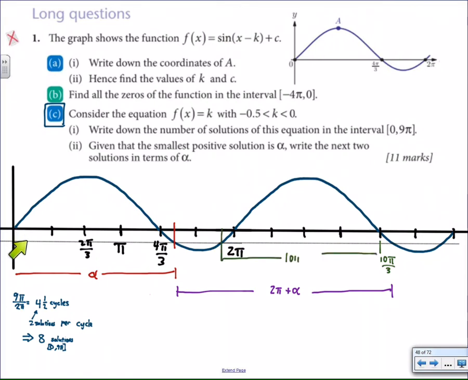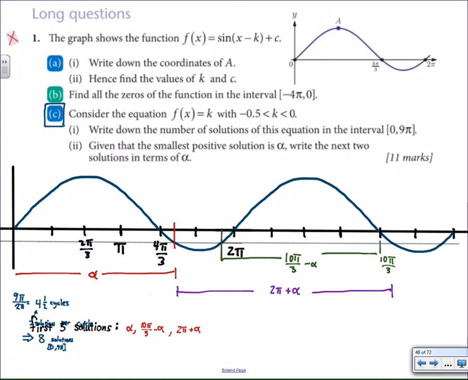In other words, from this x-intercept, I went alpha and I got the intersection. So from the other side, I'm going to go back alpha and I get the other solution. So the first solution is going to be alpha, the second solution is going to be 10 pi over 3 minus alpha, and then the next solution is going to be 2 pi plus alpha.